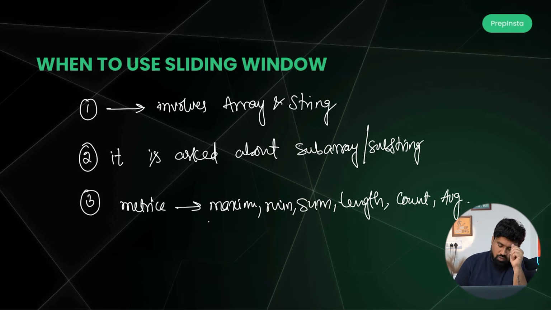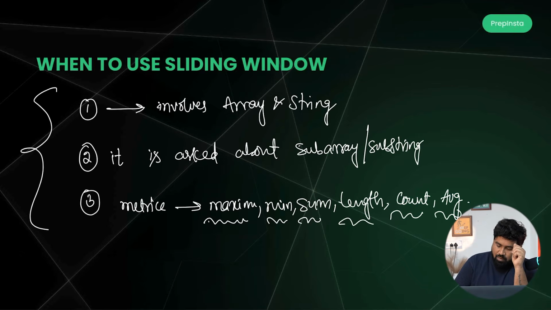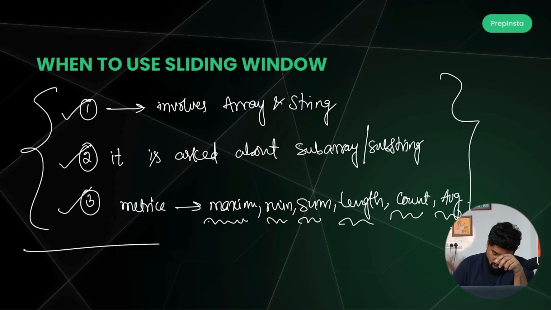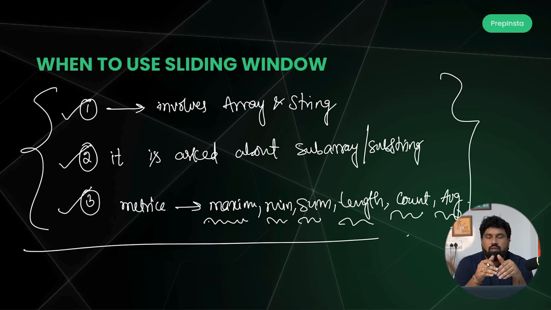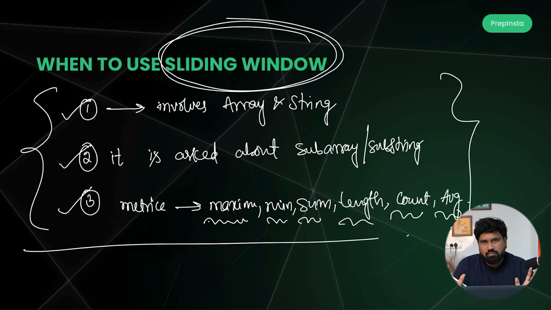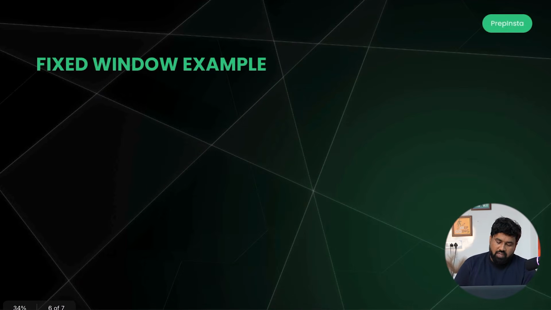Also, if they want to find the maximum, minimum, sum, length, count, or average, and you see this type of instruction, immediately get it in your brain that all 3 points are involved in the problem. Then my solution is sliding window. That's it. I will explain in detail how the sliding window works.